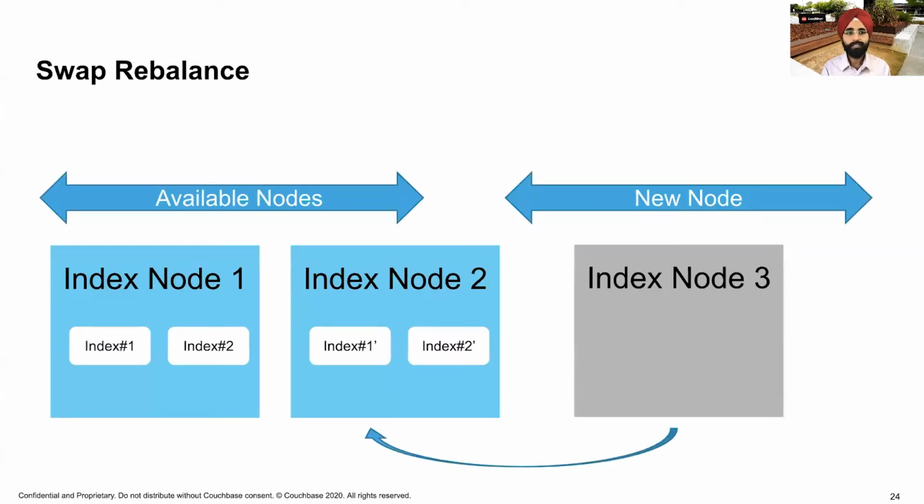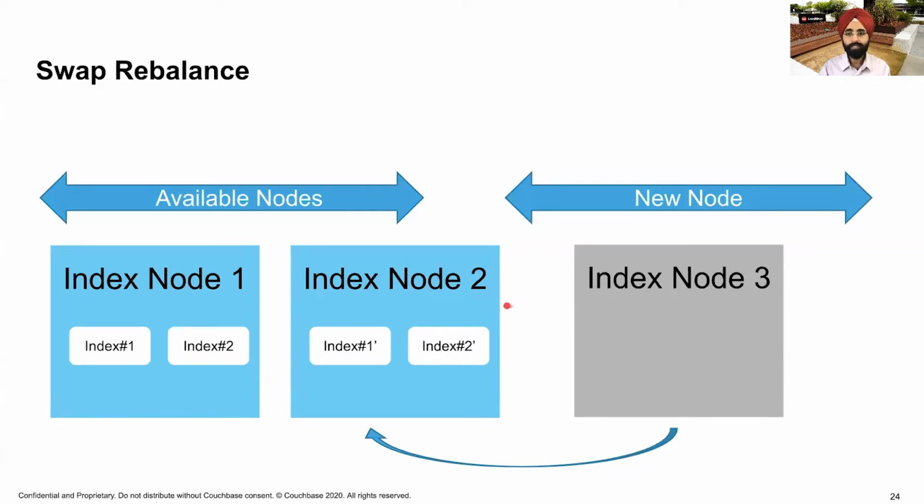Now, next, let's talk about swap rebalance. In this cluster, again, there are two index nodes. Both have indexes, and a third node is brought into the cluster. So swap rebalance actually means that the number of nodes moving out of the cluster is the same as the number of nodes moving into the cluster.